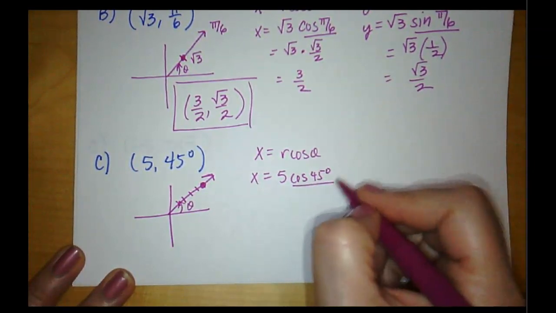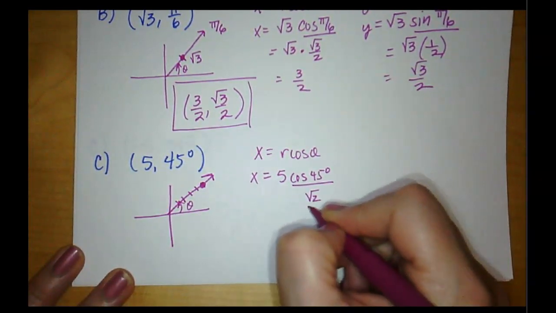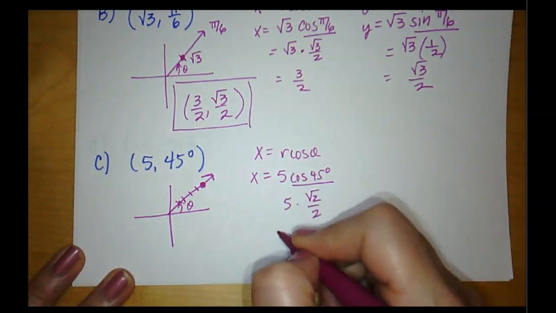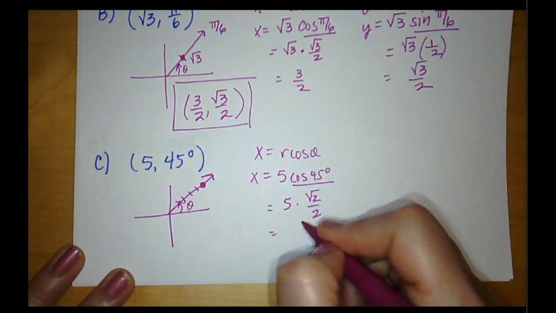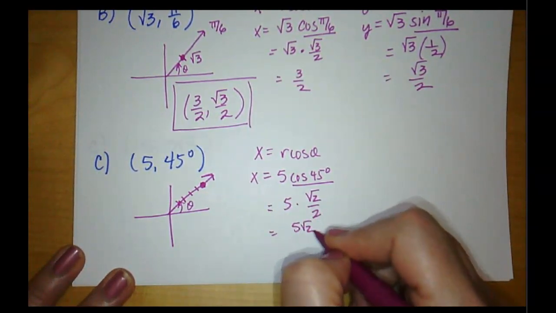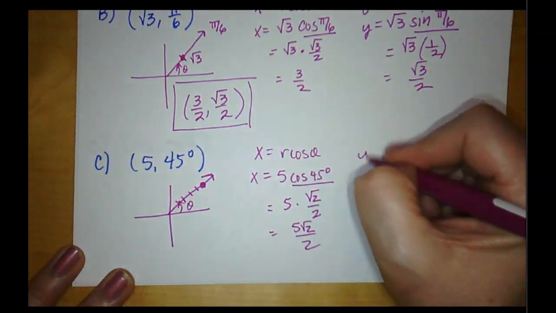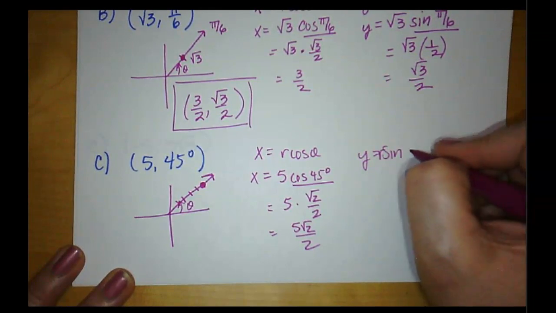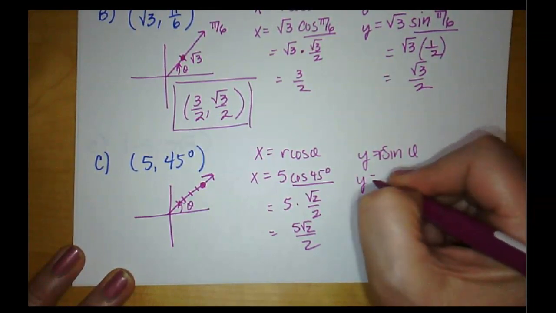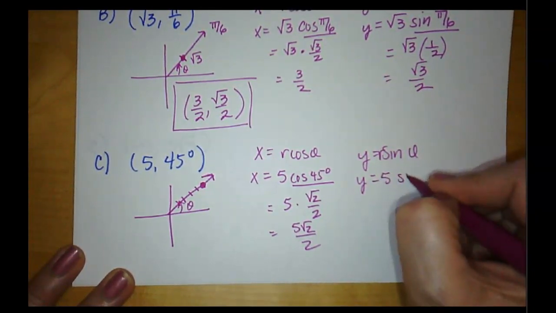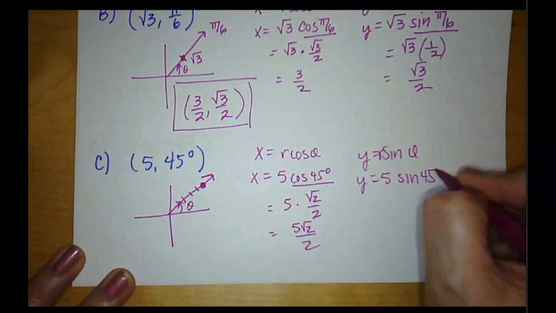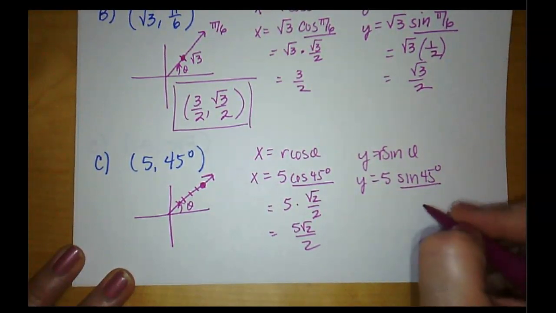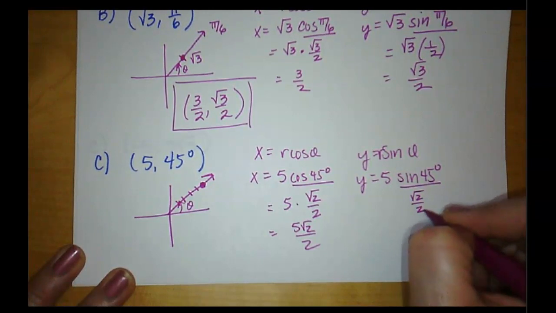And I know that cosine of 45 degrees is root 2 over 2 times 5, which gives me 5 root 2 over 2. And then I'll have y equals r sine theta. So r is 5, and then I have sine of 45 degrees. Well, I know what sine of 45 degrees is. That's root 2 over 2.